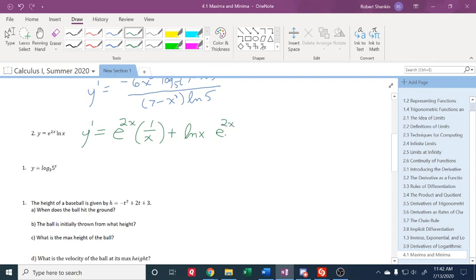This doesn't have a penalty factor because it has the correct base of e. But then you have du dx, which is a 2. So y prime is e to the 2x over x plus 2e to the 2x ln x. That's how we could state our final answer.